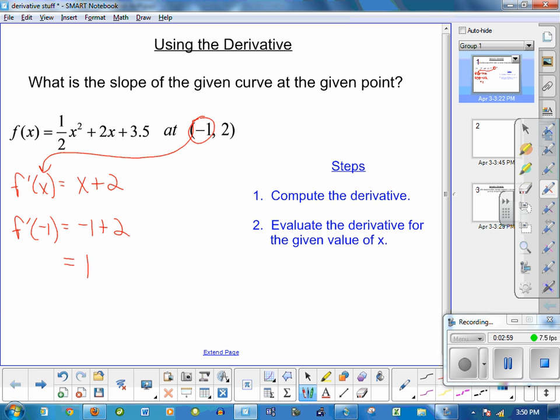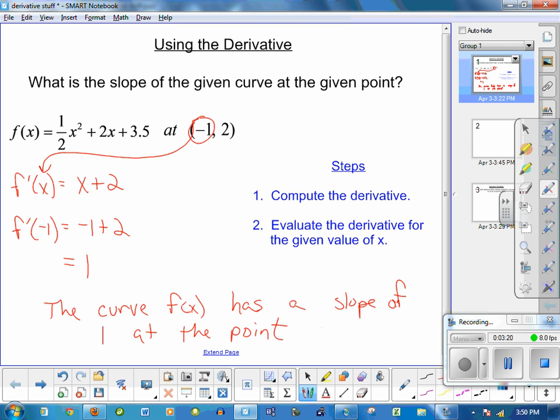So what we're saying is the curve f of x has a slope of 1 at the point (-1, 2). Okay, so let's go and examine the point (-1, 2) and look at the tangent line through that point.